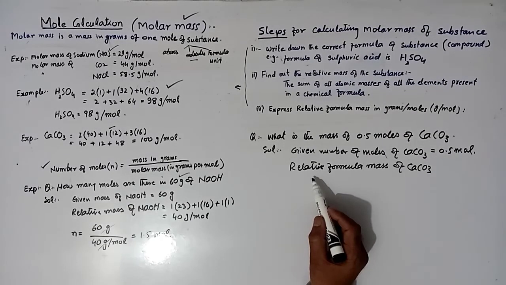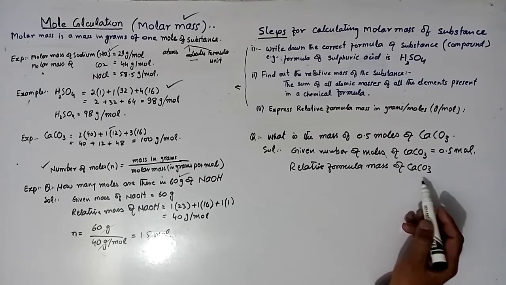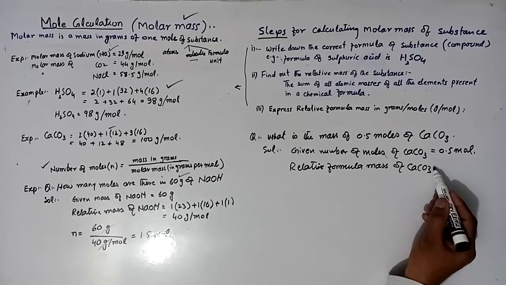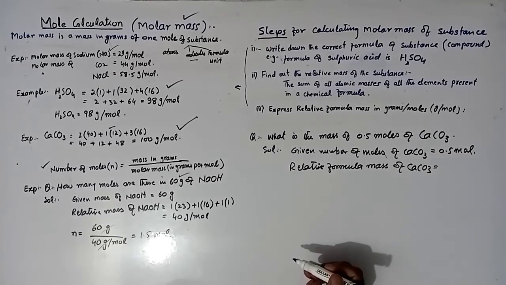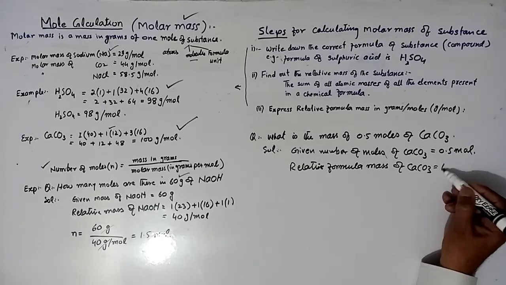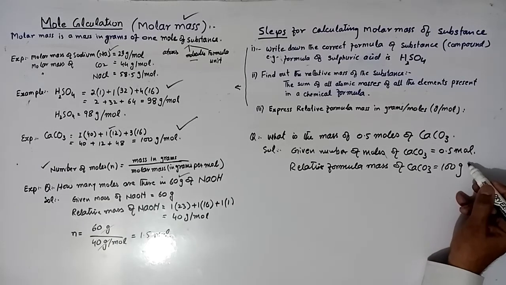And secondly, we will find out the relative formula mass of calcium carbonate. The relative mass of calcium carbonate is 100 gram per mole.